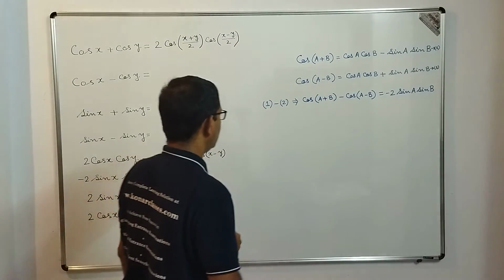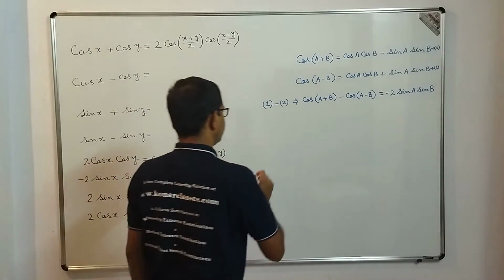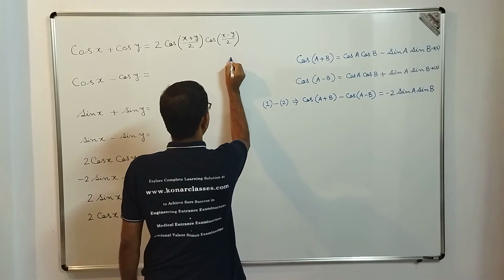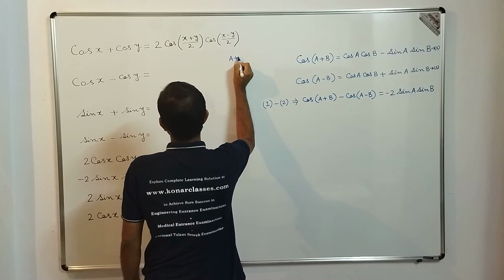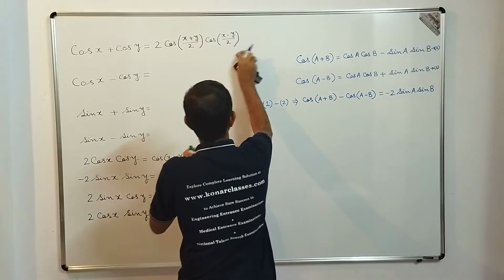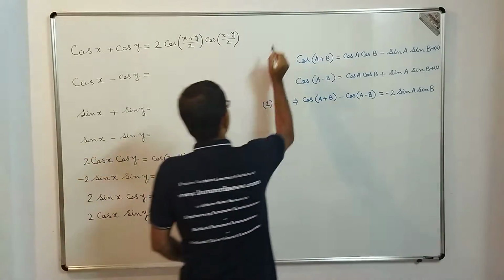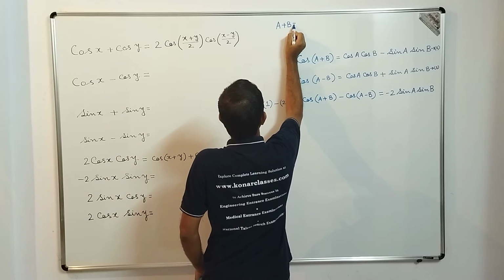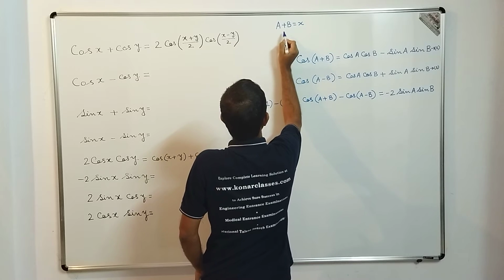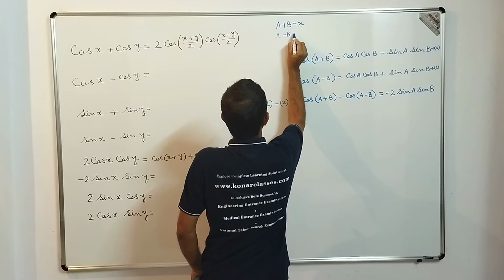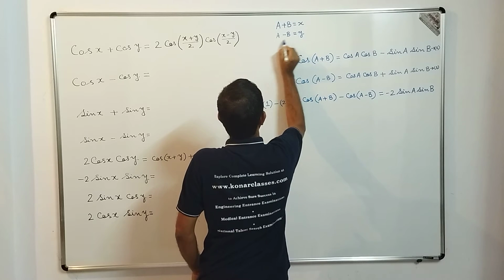Correct? Now what we are going to do is write it here, because that will be used frequently. We are writing a plus b is equal to x and a minus b is equal to y.